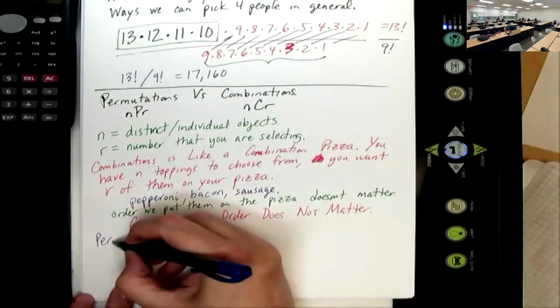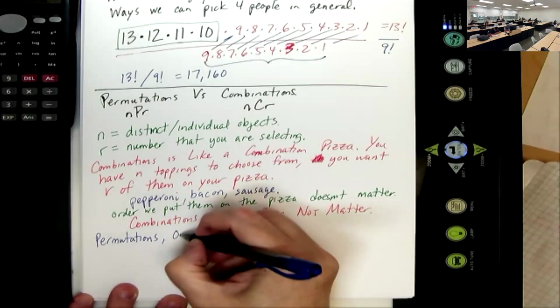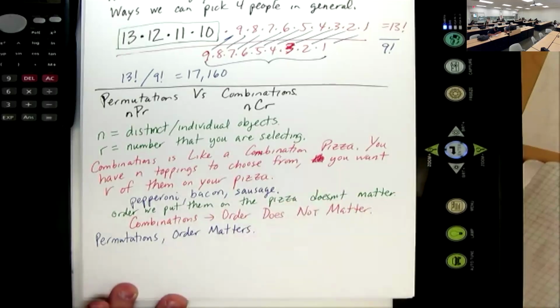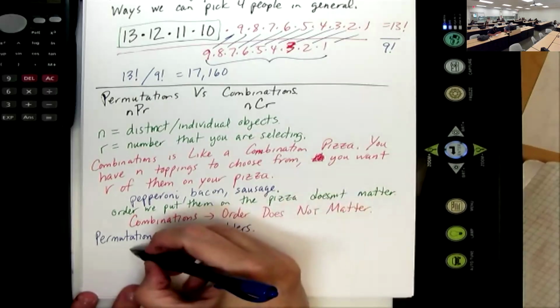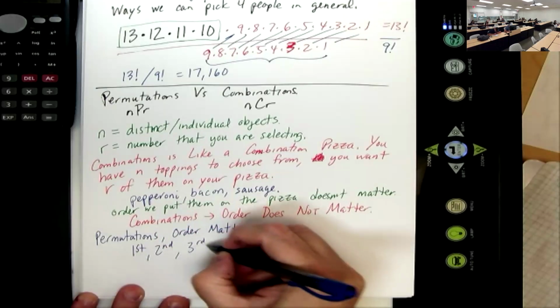Permutations, it does. This is like when you're selecting first place, second place, third place.